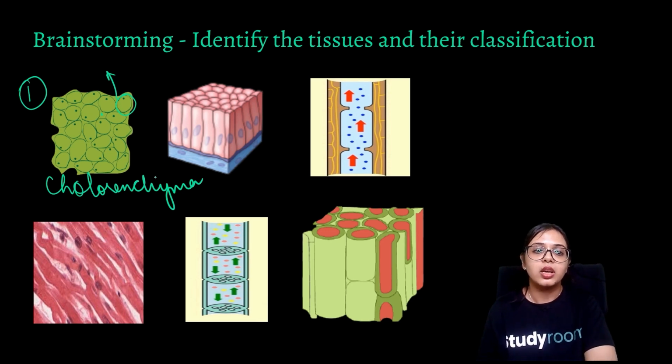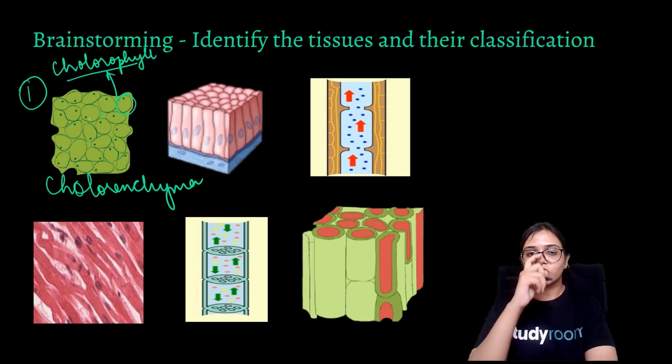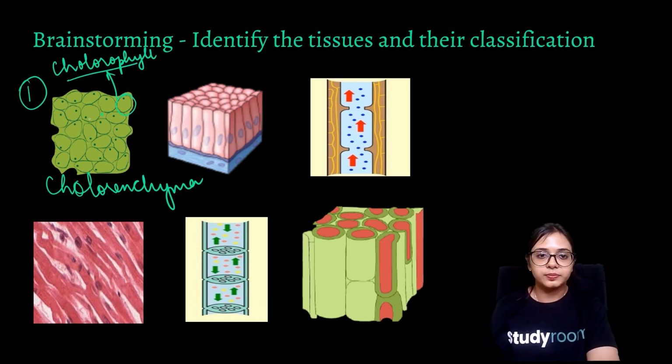So chlorenchyma perform the function of the simple parenchymatic cells, that is, they store food. Also, they are green in color because of the green pigment chlorophyll, which helps in photosynthesis.